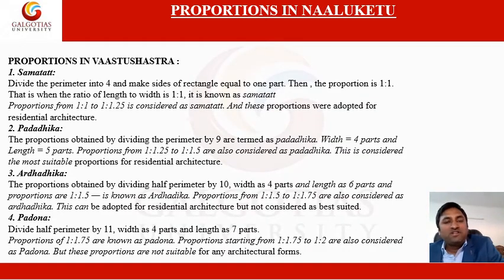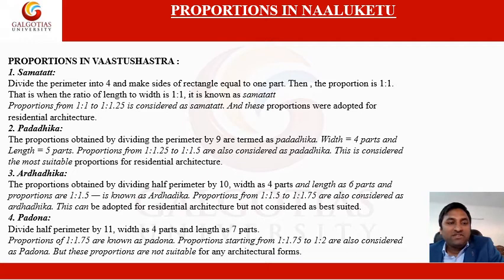So proportion is also an important aspect of Nalukettu. It is taken from the Vastu Shastra. When we divide the perimeter into four and make each side of the rectangle equal to one part, then the proportion is 1:1, meaning it is a perfect square.